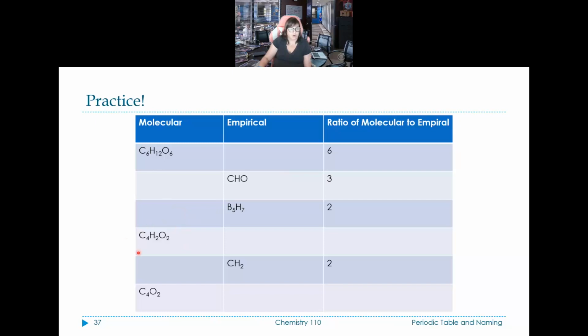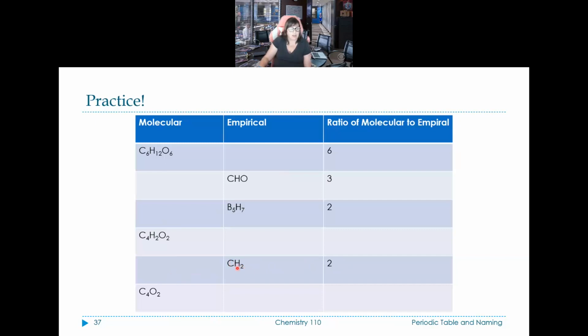If this is my molecular formula, C4H2O2, my empirical formula is going to be C2HO, and the ratio is going to be 2, because that's what I divided everything by. So that's going to be 2. If I have an empirical formula of CH2, and my ratio is 2, then my molecular formula is going to be C2H4.